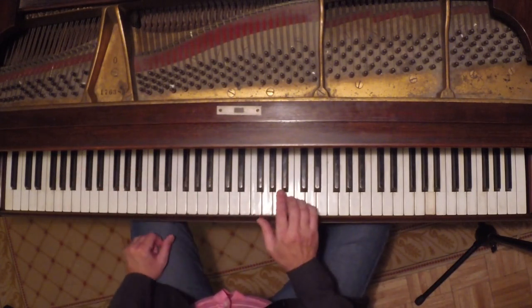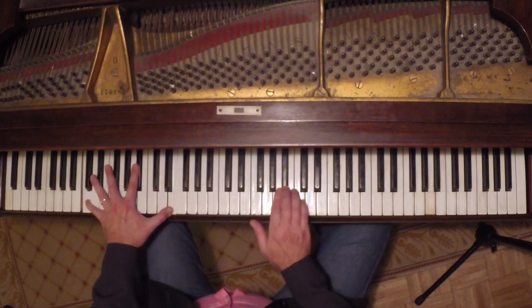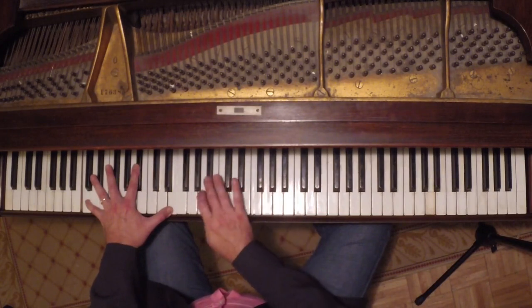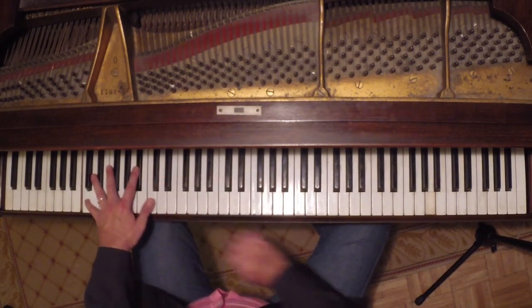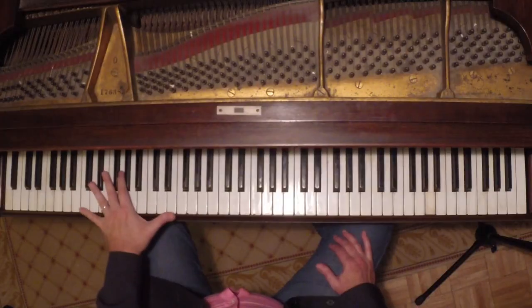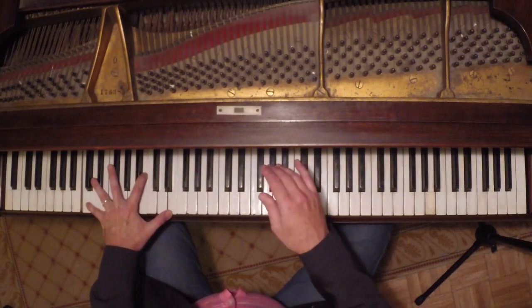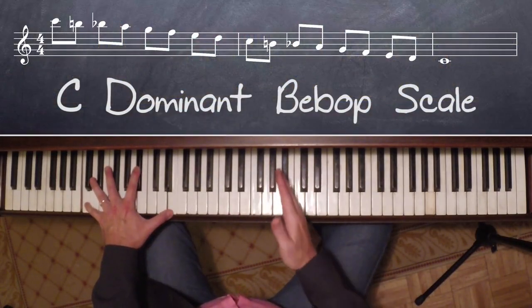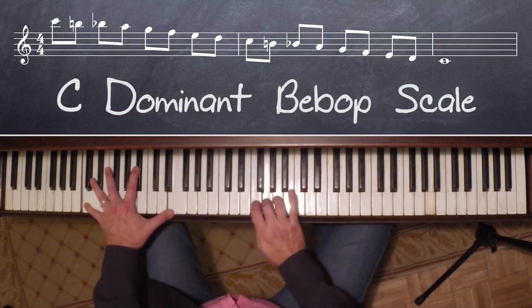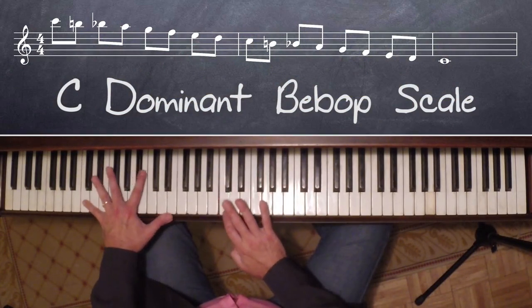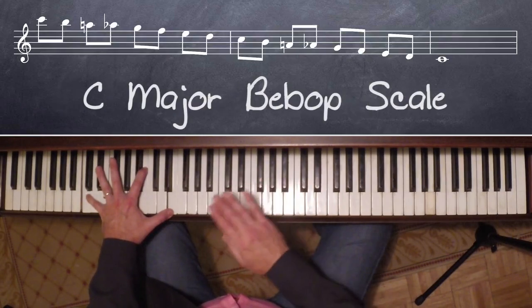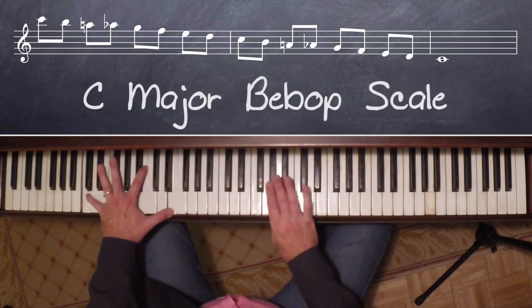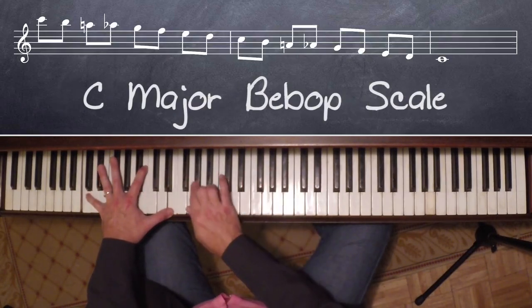So that half step is what gives us that sound of the dominant chord. All right, so just like the dominant chord, we do the same thing for major chords. We play the half step between the 6 and the 5. Half step between the root and the 7th is in the dominant chord. In the major chord, the half step is between the 6 and the 5.